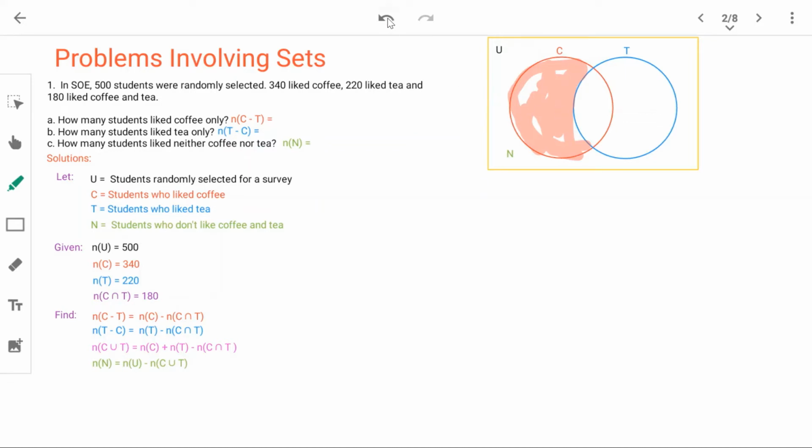Okay, and the cardinality of T difference C, or the number of students who like tea only, is illustrated in this region.